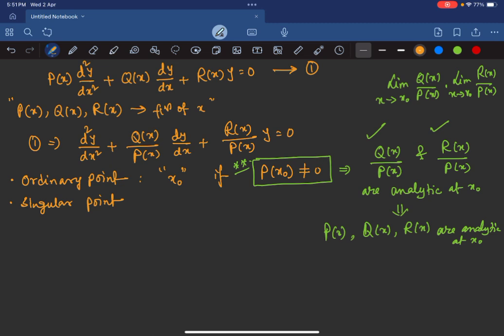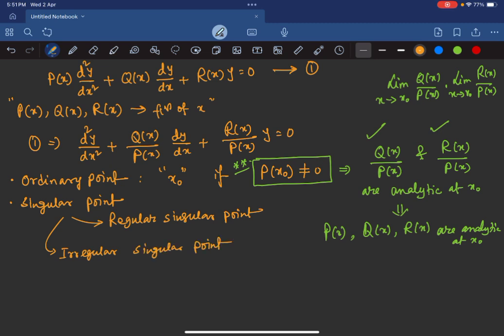Now the next one is the singular point. Here it has two categories: one is the regular singular point, another is the irregular singular point.